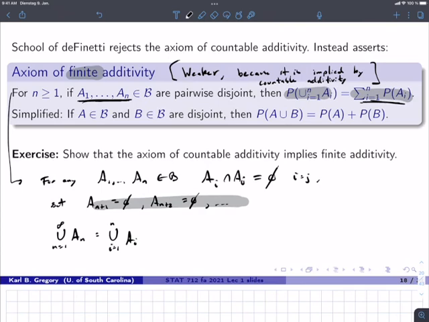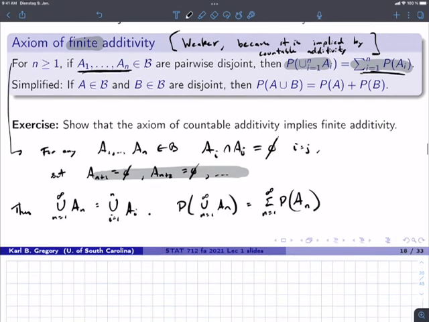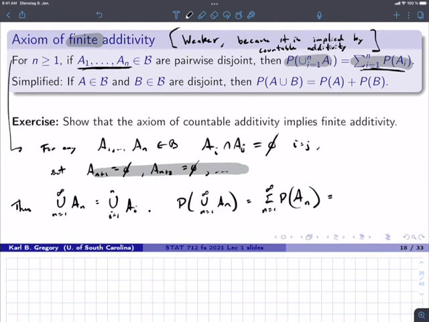So now I can write the probability of this by countable additivity is equal to this sum of probabilities, and this sum of probabilities is equal to just the sum of the probabilities of the first n events, because the probability of the empty set is 0. That's how we can have equality there.